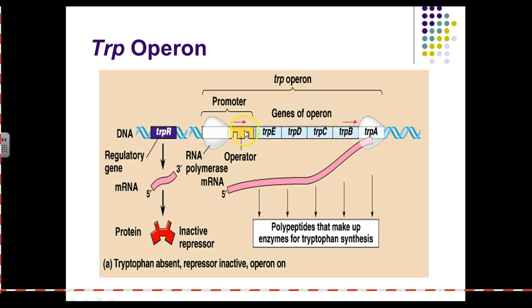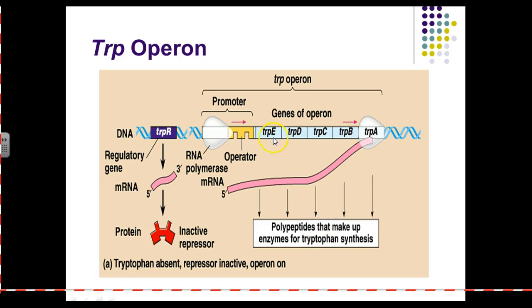Well, right behind the promoter region, or actually part of the promoter region, is this yellow colored area, which is labeled the operator. This is our on-off switch. And then here are our 5 structural genes that actually code for the enzymes for making tryptophan.